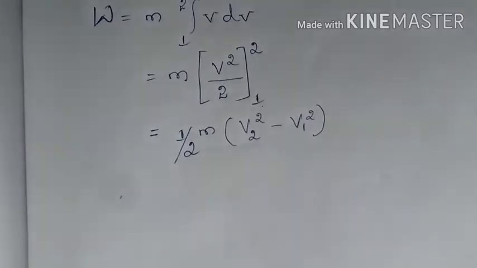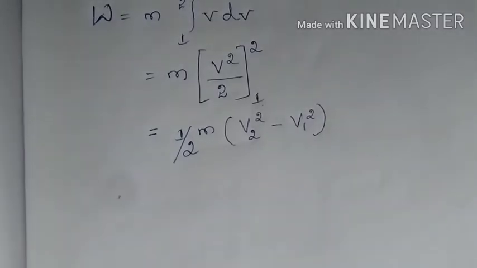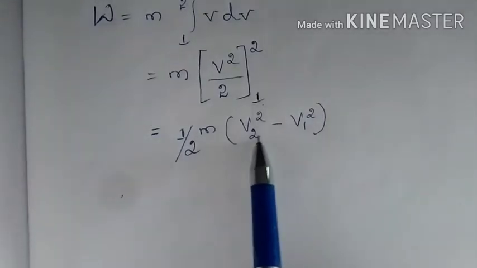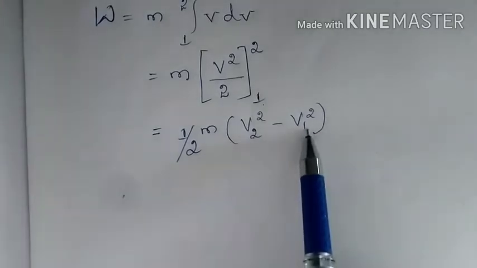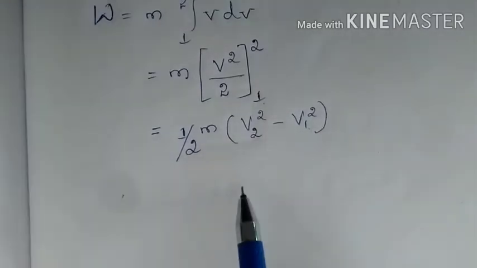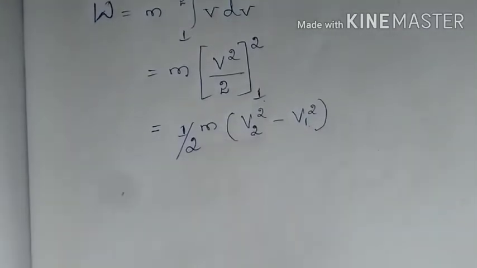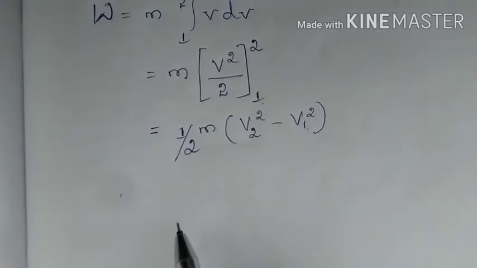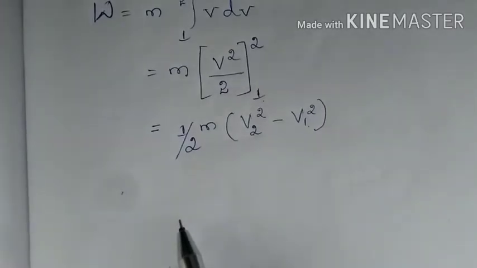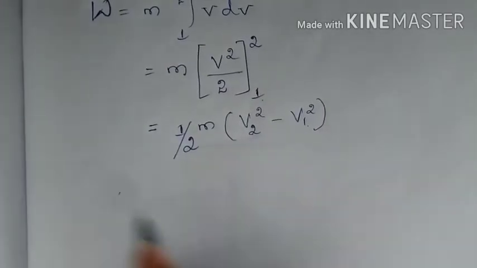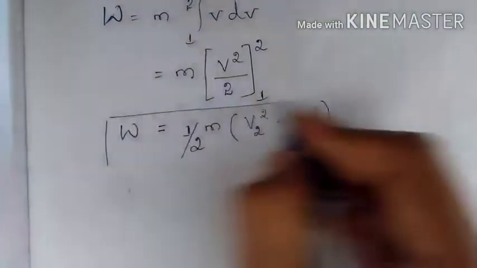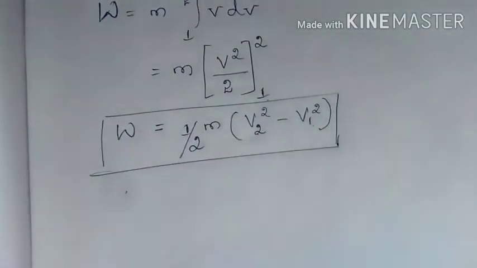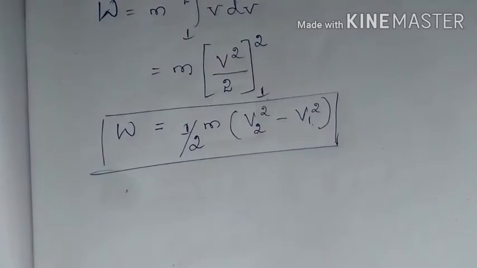Now this v2 and v1 are the final velocity and initial velocity. So v1 and v2 are the initial and final velocities of the particle when it is kept in an electric field. So this is the equation. Again we can write work done in terms of potential.